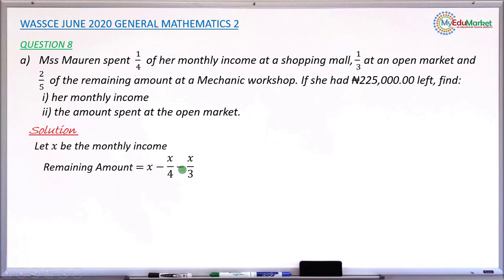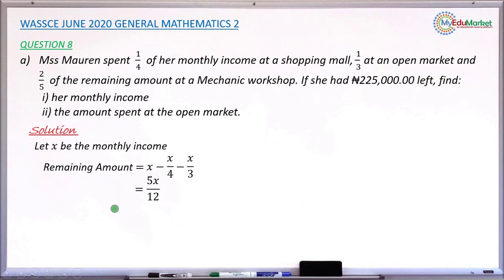I'll also subtract X over 3, which represents the amount she spent at the open market, because it says 1/3 of the monthly income at the open market. So subtracting X over 4 and X over 3 from X, if you did it correctly using LCM 12, you're going to have 5X over 12. This is the fraction of her monthly income that remains after spending at the shopping mall and at the open market. So let's proceed.